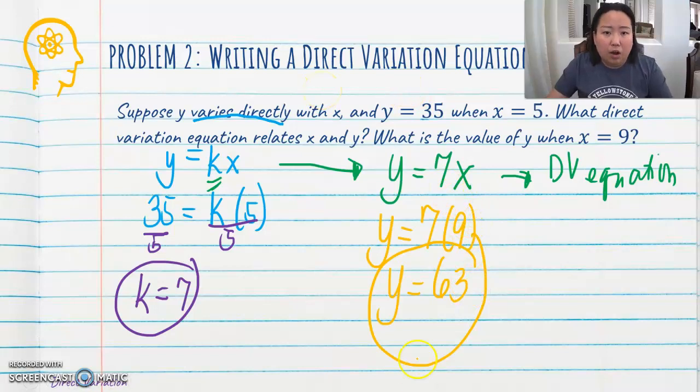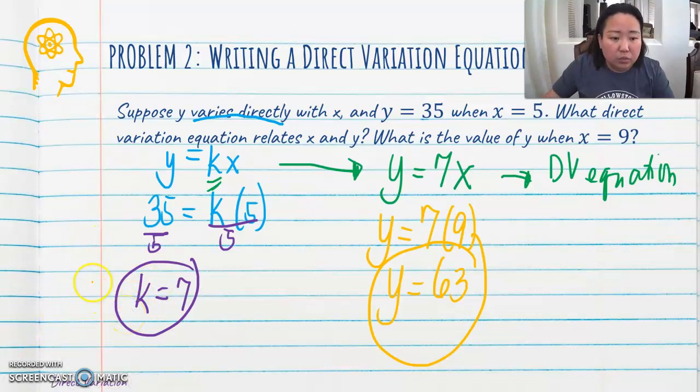So whenever you are writing a direct variation equation, the first thing is, of course, from the given scenario, it says there y equals kx, it's the direct variation, okay? You will be given a value of y and a value of x so that you can find your k, all right?